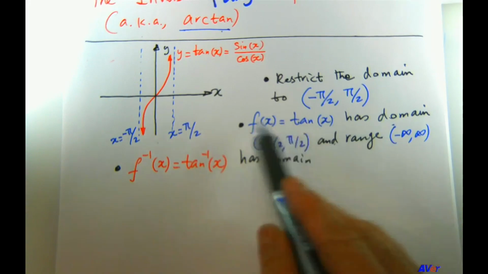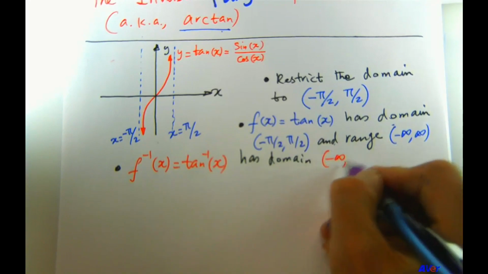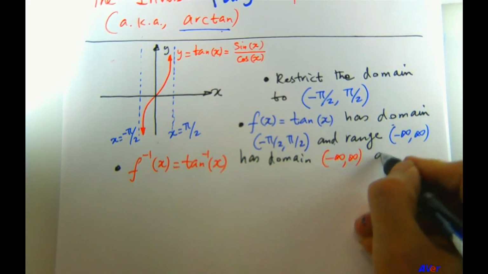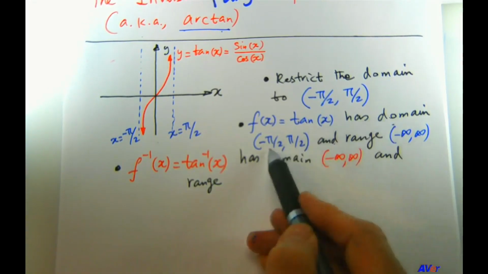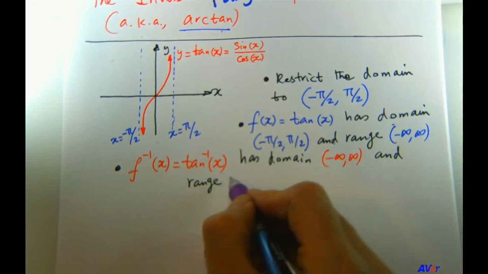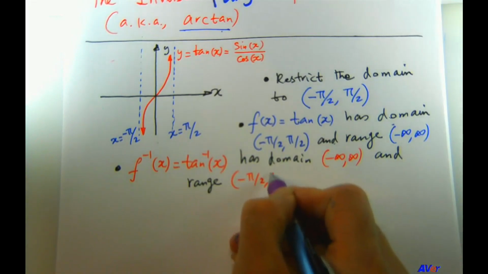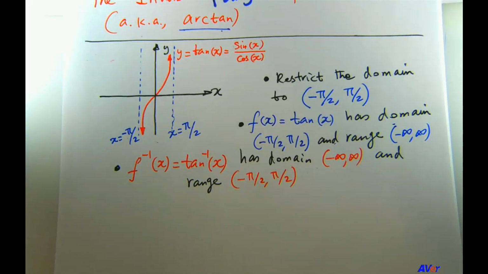It's going to be the range of the original tangent function, so negative infinity to infinity, and the range is the domain of the original function, minus pi over 2 comma pi over 2. It looks like it's out of focus, so let me try to improve that. Okay, that's better.